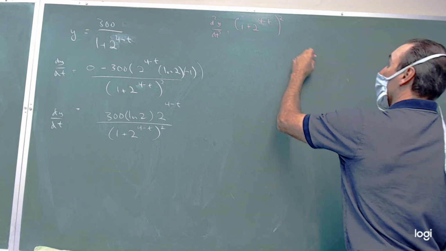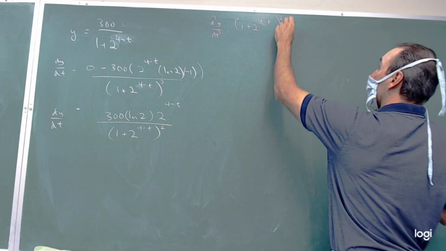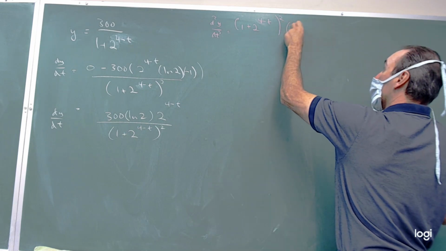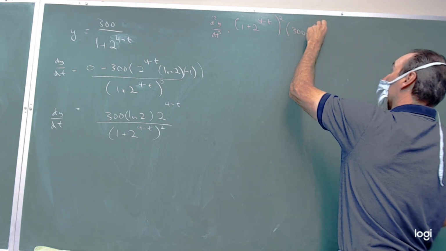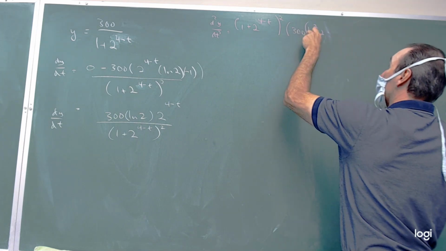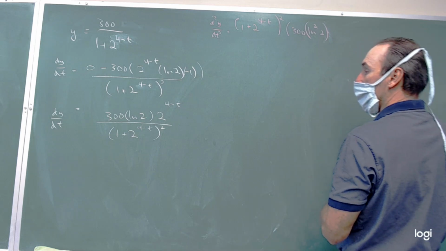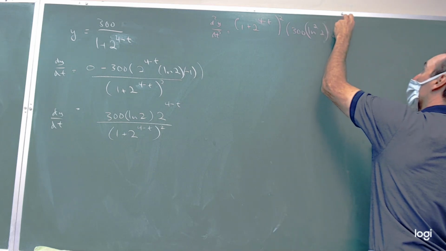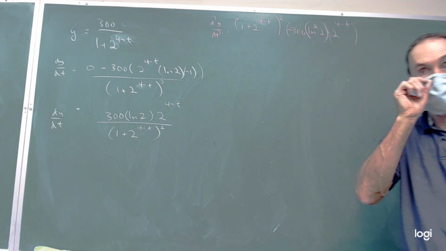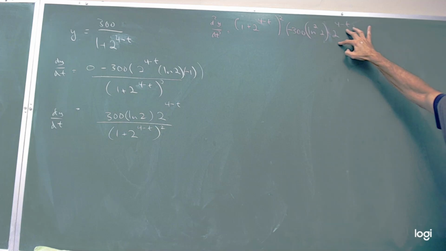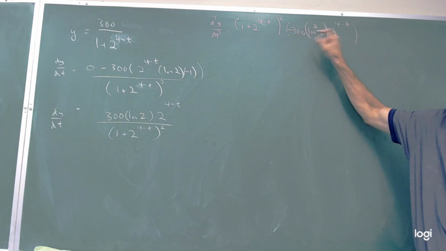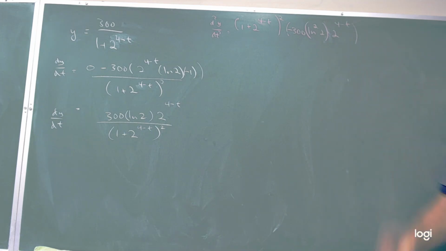So we got the numerator, so it's 300. We're going to get a natural log of 2 squared. I think I'll do it that way. And then times that same 2 to the 4 minus t, and we need a negative in there. Did I miss anything? That's a to the u times du, which is the negative 1, times another natural log 2 from the derivative of 2 to all that.